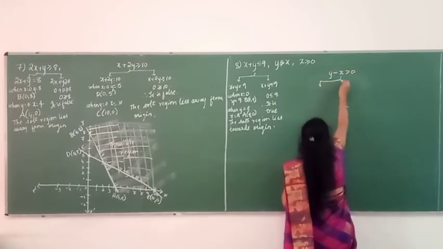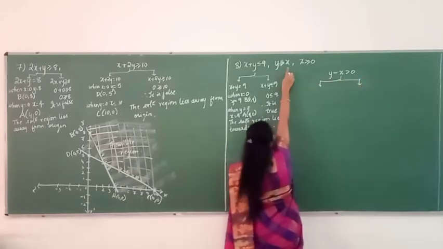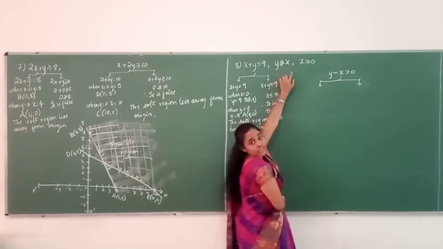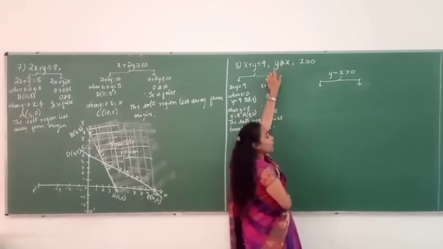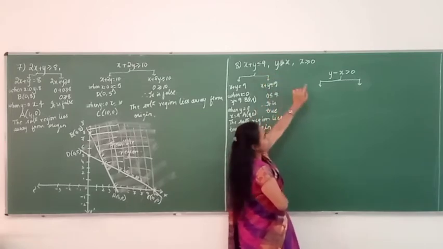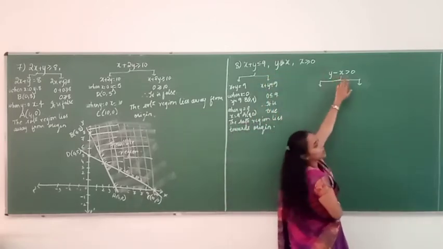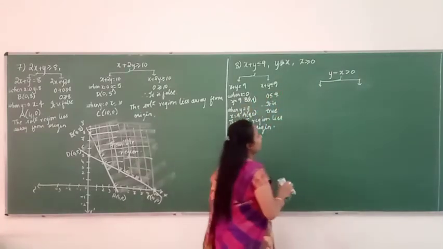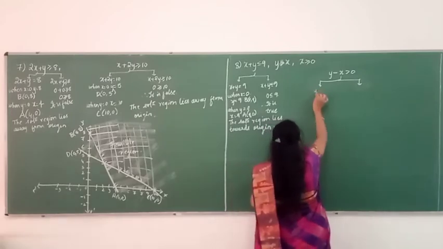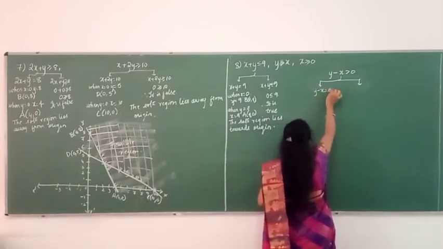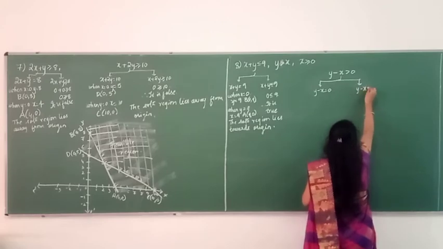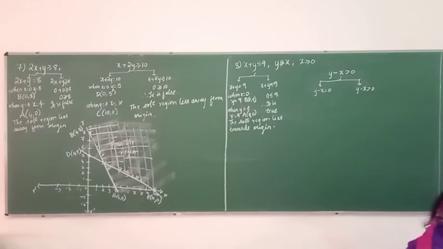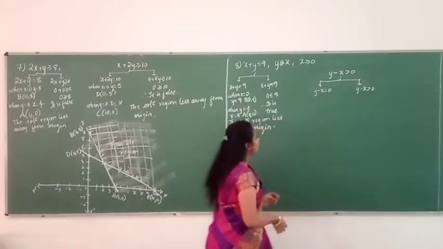You might be wondering how I have written this. On the left hand side it is positive x, so when I take it across, it becomes negative x. So y minus x. If no variable or number is present, it is considered as 0. So y minus x is equal to 0 and y minus x is greater than 0. I have simplified in this way because it will be much easier for you to plot the points.